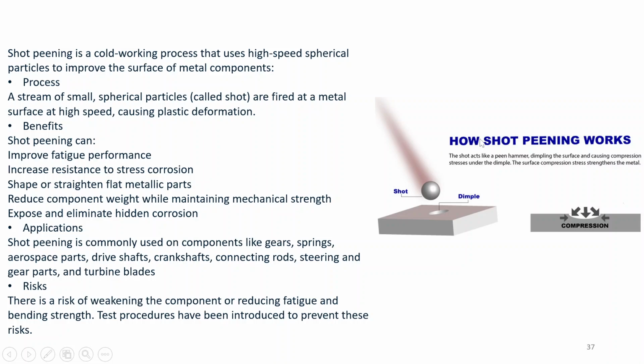So how does shot peening work? The shot acts like a pin hammer, dimpling the surface and causing compression stresses under the dimple. The surface compression stress strengthens the metal.